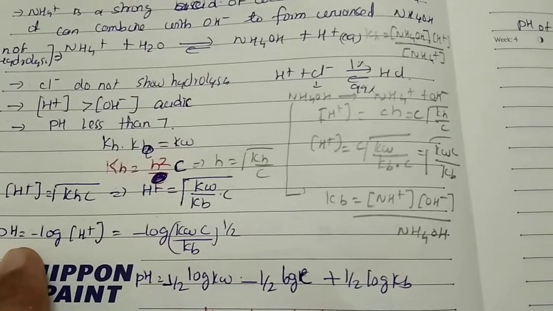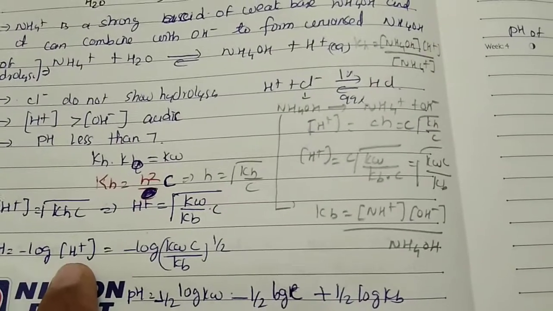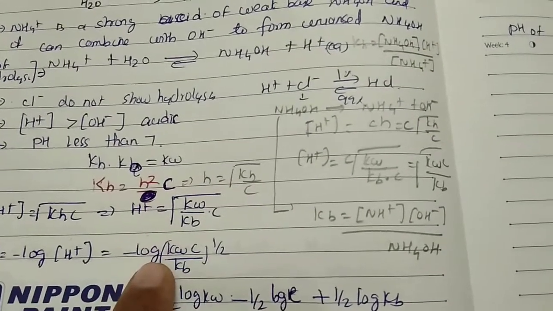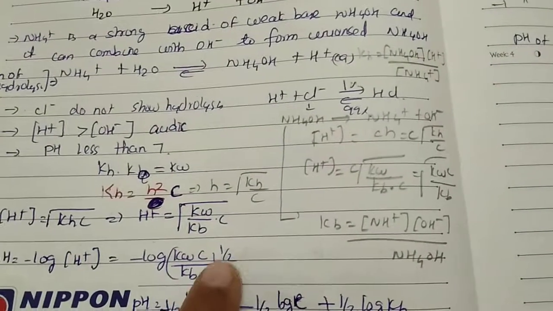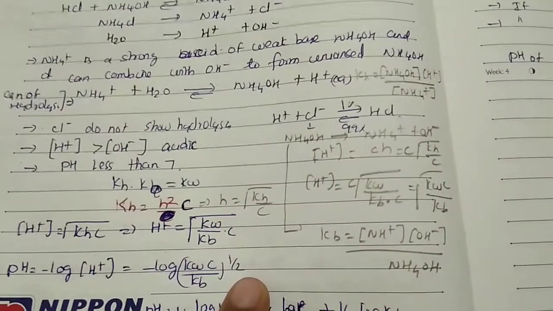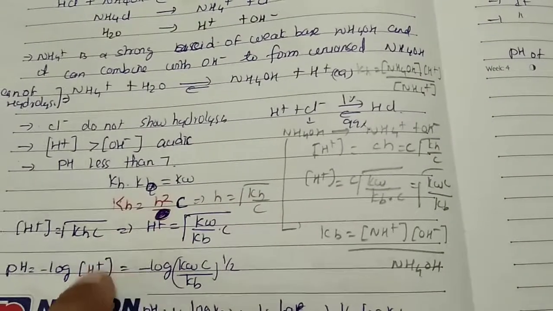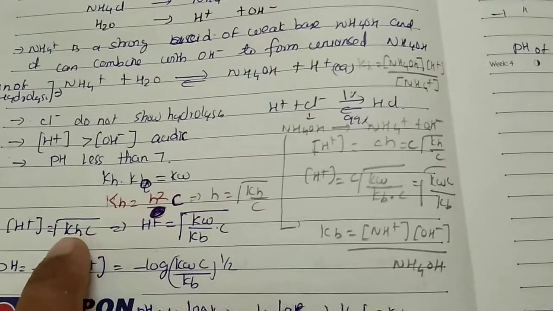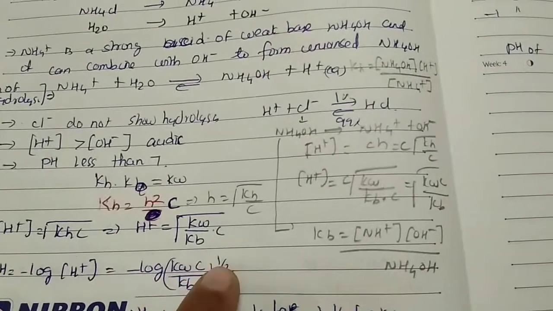Then pH equal to minus log H plus, equal to minus log of Kw by Kb C to the power 1 by 2. What is the value of Kh? Kw by Kb into C, to the power 1 by 2.